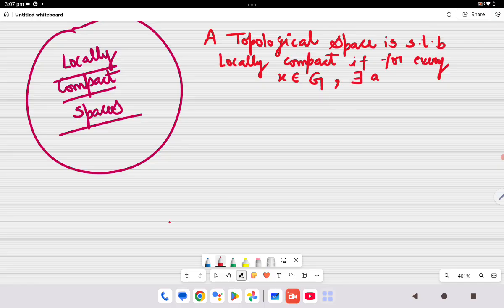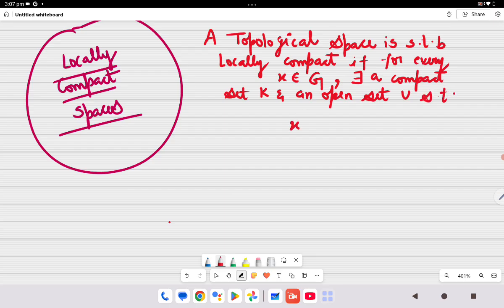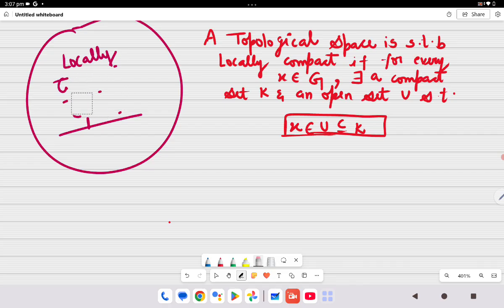That means there exists a compact set K and an open set U such that x belongs to U and U is in K. Okay, so let me tell you here.